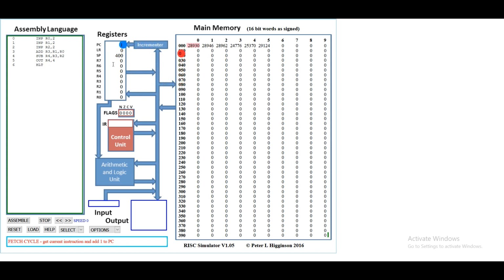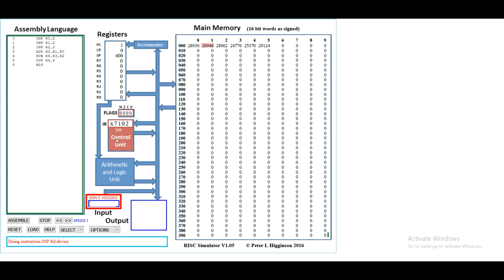The program counter gets incremented by 1 and now points to the first location of memory. At the same time, the instruction is fetched from main memory through the B bus and loaded into the instruction register. The instruction register decodes and transfers control to the control unit, so the CU now executes the instruction.